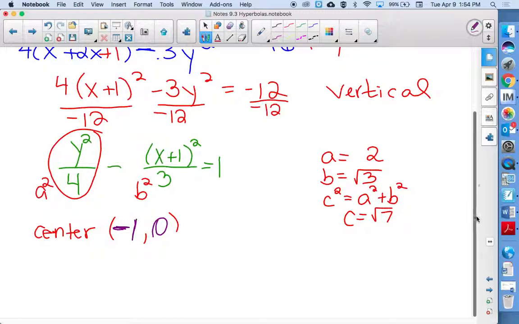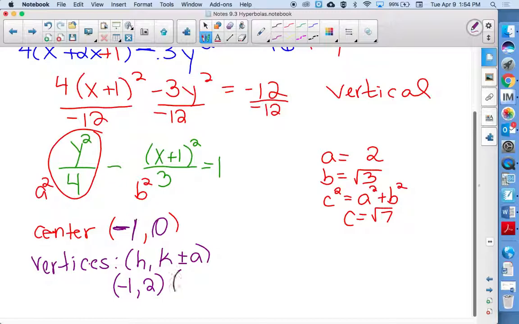So then to get the vertices, here's A. A is 2. The vertices would go from the center, moving vertical with that distance of A. So H is negative 1, 0 plus 2, 0 minus 2.